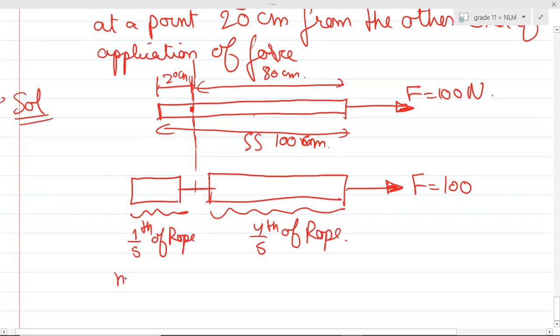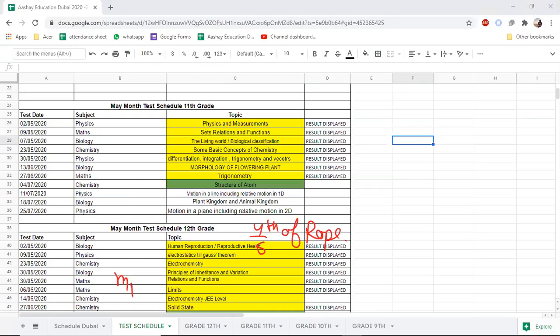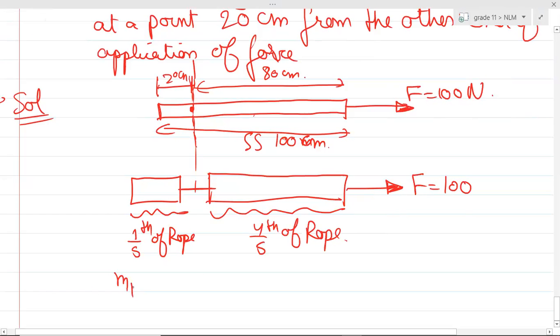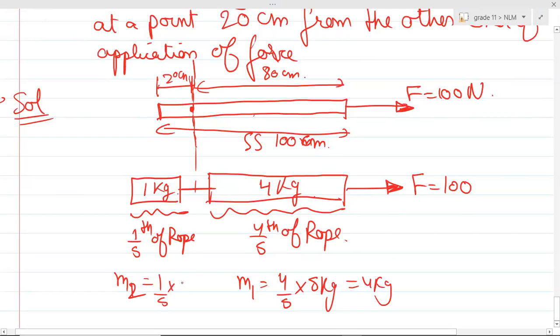So can anyone tell me what is the mass of 4/5 of the rope? So 4 by 5 of 5 kg, it will be 4 kg. So can you see this thing is 4 kg? And what will be this? Can you say like this? Since it is uniform, you can do this. Now, this becomes exactly the same question which we are discussing. So what is the tension at this particular point?